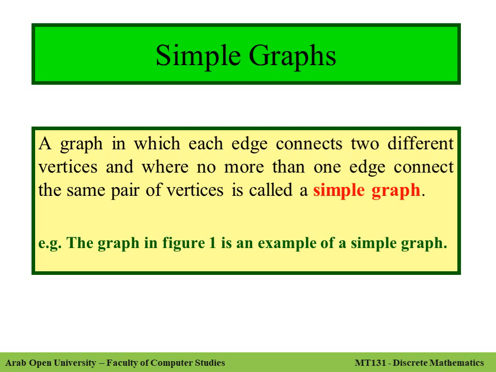There is no edge that connects a vertex to itself. A simple graph has no loops. The other condition, that no more than one edge connects the same pair of vertices, means you don't have any multiple edges. You cannot have a pair of vertices with more than one edge connecting them. Of course, the graph we started with was a simple graph because it had no loops and no multiple edges.